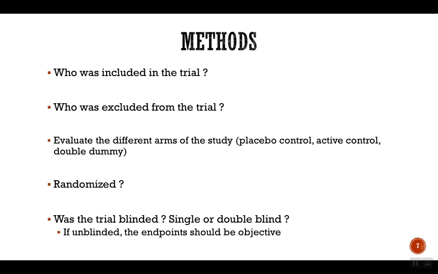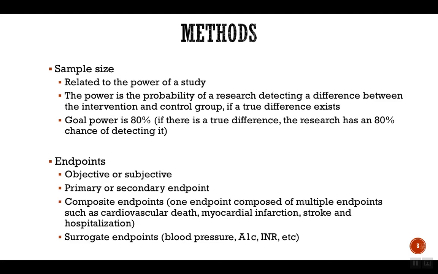But if it's unblinded, where they both know what's going on, right? So the patients know what medication they got, the investigators also know what the patients received, then we wouldn't want the endpoints to be subjective, right? We want it to be objective, where let's say we're using an imaging test to determine the effect of the medications that the patients got. We wouldn't allow the patients to be the one reporting the results or even the investigators, as this could lead to some kind of bias.